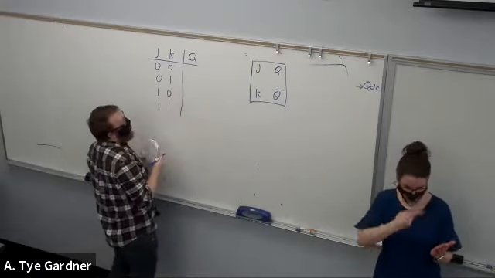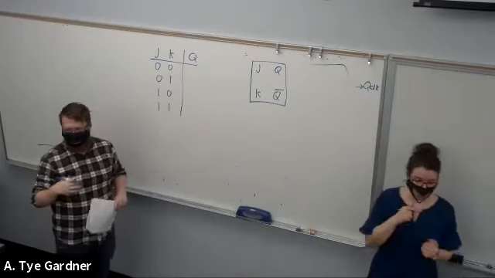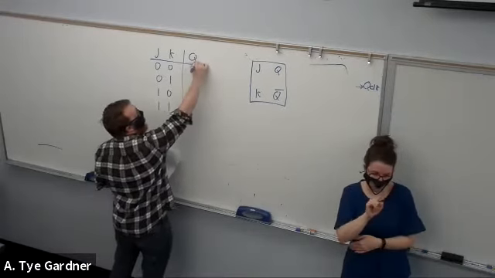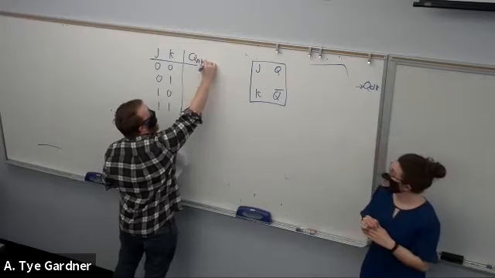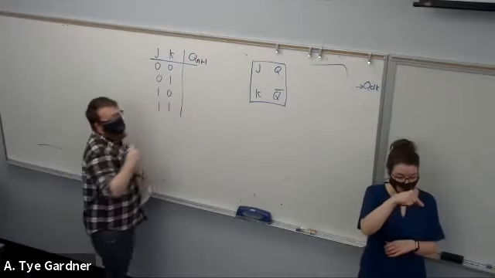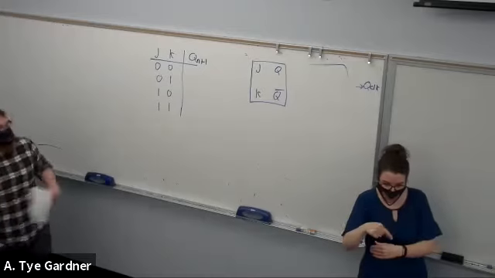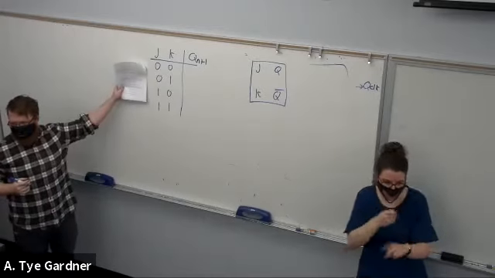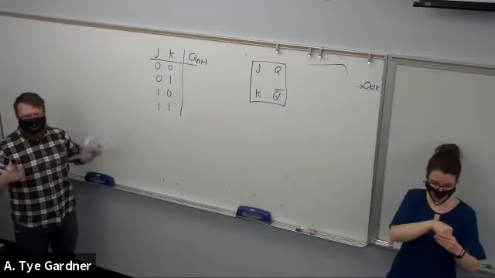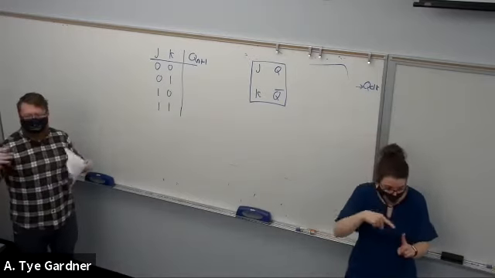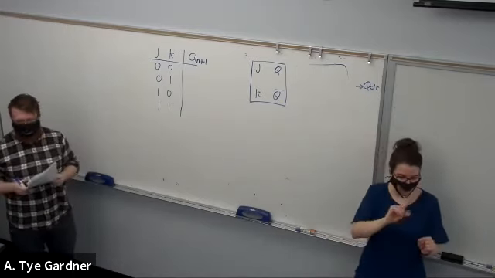All right, we're going to introduce a little bit of new notation, which is Qn plus 1, which is to say, what is the next Q going to be based on the J and K inputs? The flip-flop is edge triggered. When the trigger happens, what is the next value depending on J and K?